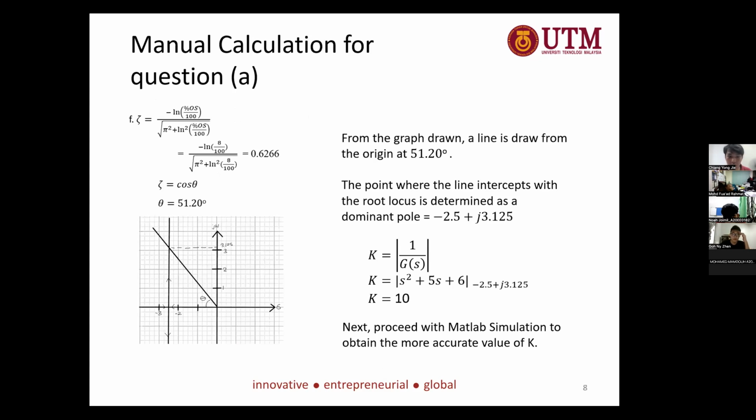This is the graph that I managed to plot by manual calculation. And this is the angle using the determined percentage overshoot, which is 8%, and the angle would be 51.2 degrees. By using the calculation, what is theta?